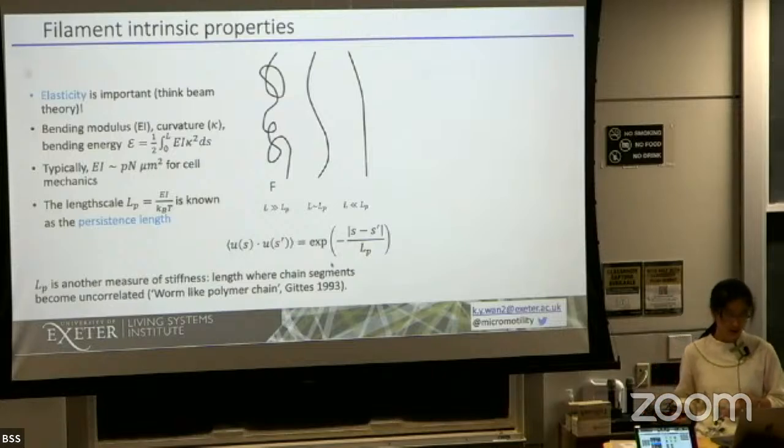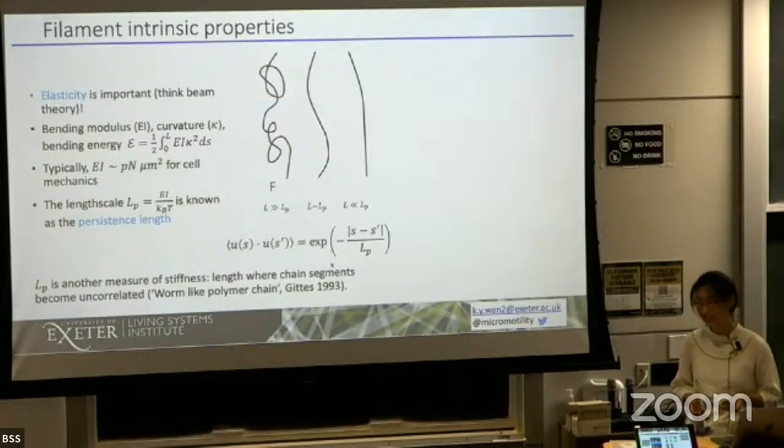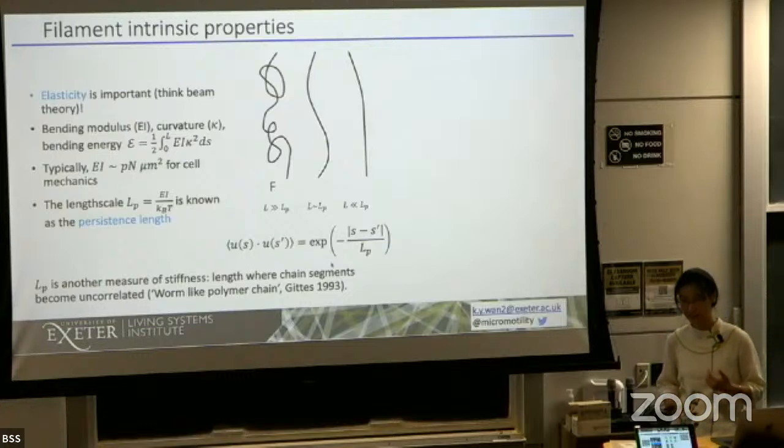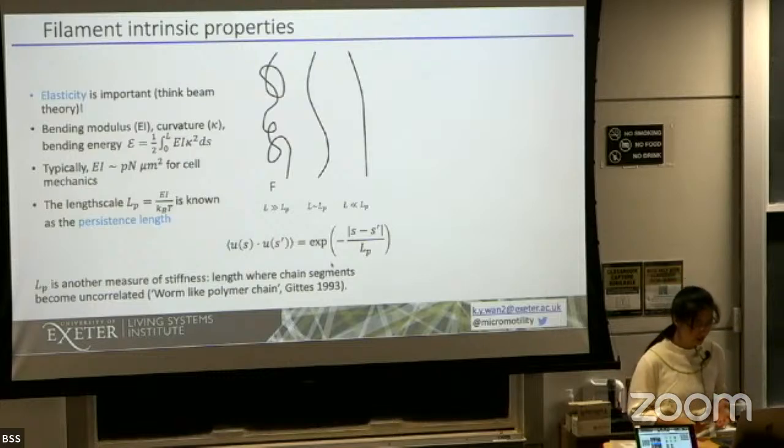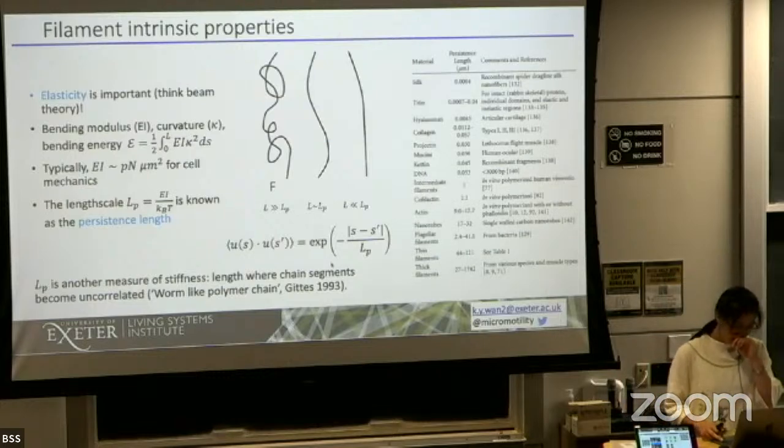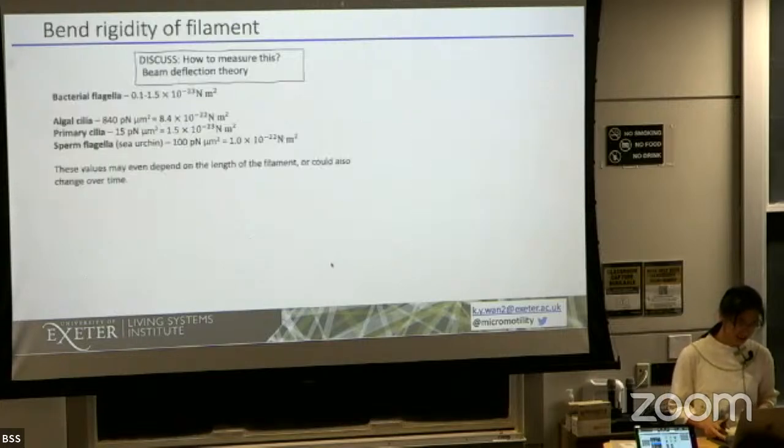Of course, you may also encounter the other limit, where it may be too stiff. And then, again, thinking about cilia, there's no way you'll be able to modify the beat pattern. So these are just some typical values that you might encounter for the persistence length.